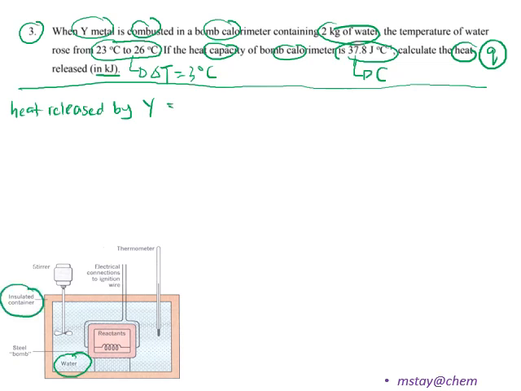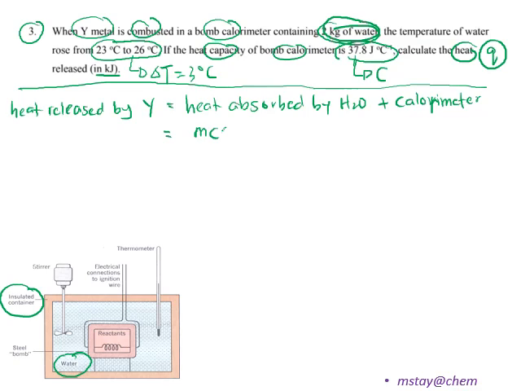So the heat will be absorbed by water and also the calorimeter in this case. Next, the heat absorbed by the water: since we are given the mass of the water, we are going to use mc delta T. And for the calorimeter, the heat capacity is given, so we are going to use C delta T.